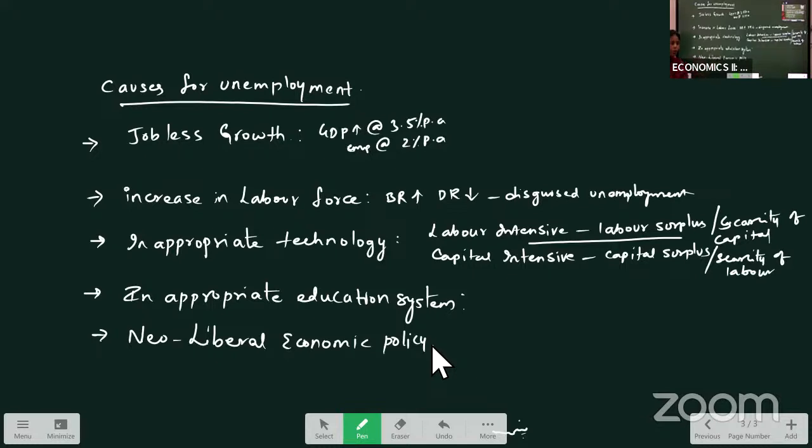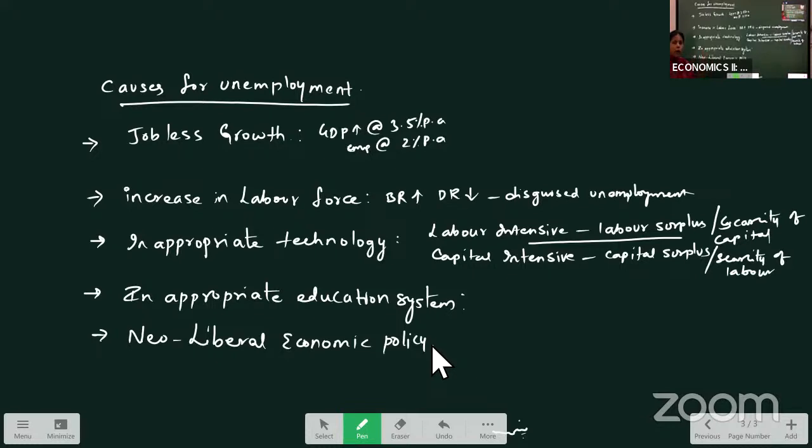Our liberalization, privatization, and globalization. These economic reforms which were introduced from the 1990s onwards caused inequalities in the country. When inequalities are there in the country, it results in unemployment.